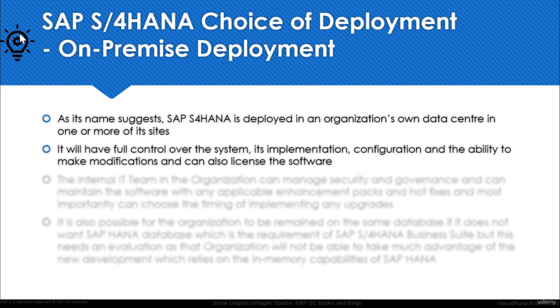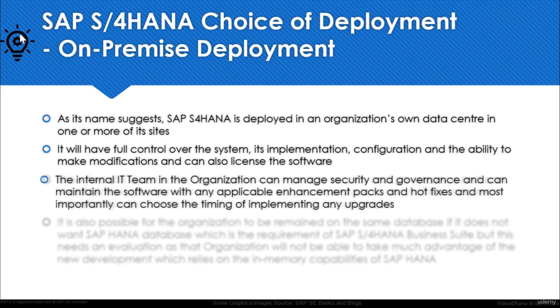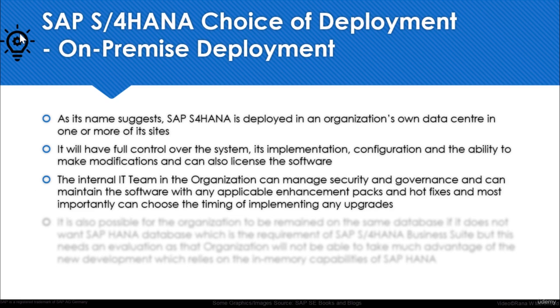It will have full control over the system, its implementation, configuration, and the ability to make modifications, and can also license the software. The internal IT team in the organization can manage security and governance and can maintain the software with any applicable enhancement packs and hotfixes, and most importantly can choose the timing of implementing any upgrades.